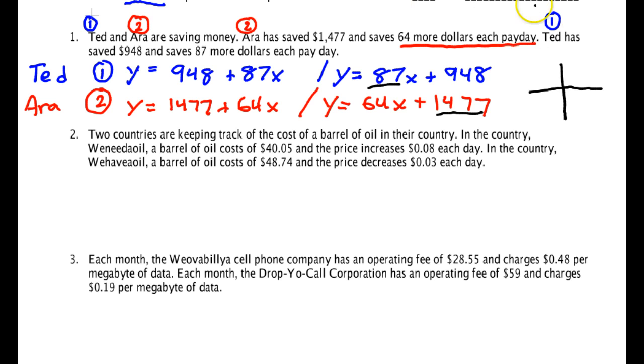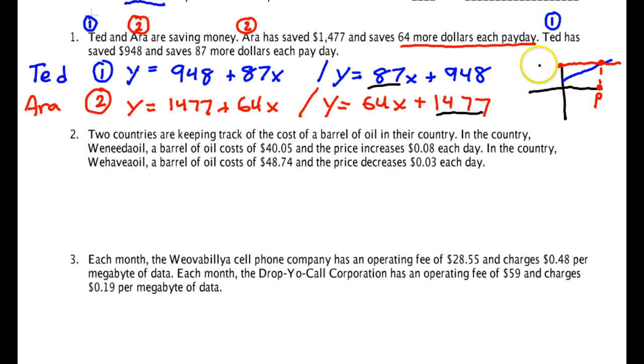So if we were to graph these, this might be Ted, starting at $948, going up $87 every payday, and ARA is starting higher at $1,477, but not saving as much. So at some point, these 2 are going to intersect. We want to know, when is that happening? How many paydays?